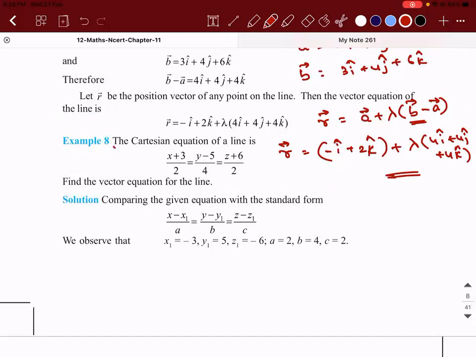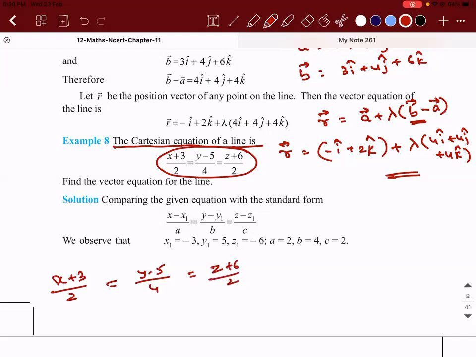Next, the Cartesian form of the line is given here. That is (x plus 3) by 2 is equal to (y minus 5) by 4 is equal to (z plus 6) by 2. If I call this some lambda, then you need to write the vector equation. So what is x equal to? Rohan, you asked me where will you use that 1 by lambda, sir?